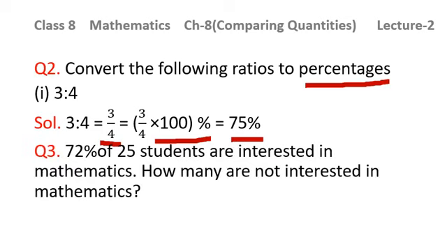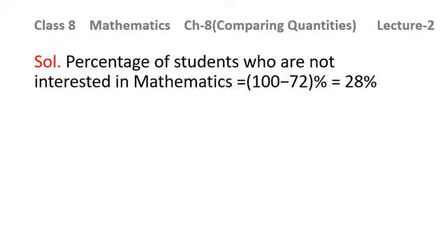Coming to question number 3, 72% of 25 students are interested in mathematics. How many are not interested in mathematics? The question is, 72% of 25 students are interested in mathematics, and you are supposed to find out how many are not interested in mathematics. So let us see how we will proceed. Percentage of the students who are not interested in mathematics: first of all, what I have done here, 100 minus 72%.